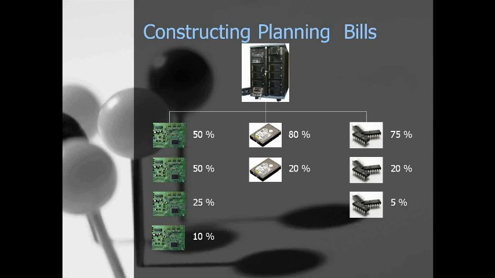I looked at every 1010 that was sold. I calculated how many of impairment board 1, impairment board 2, impairment board 3, impairment board 4 was sold with each item. In doing this, I was able to come up with, for any particular unit sold, 50% of them would have board 1, 50% of them would have board 2, 25% would have board 3, 10% would have board 4.